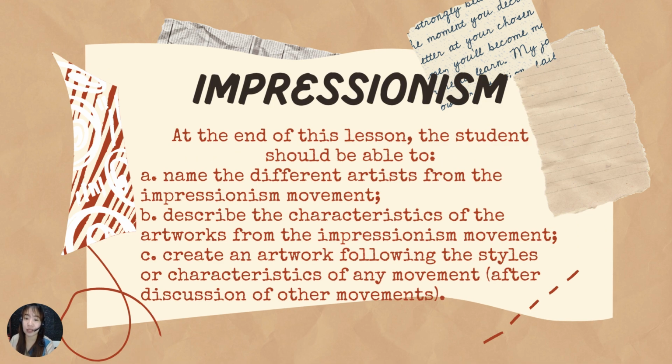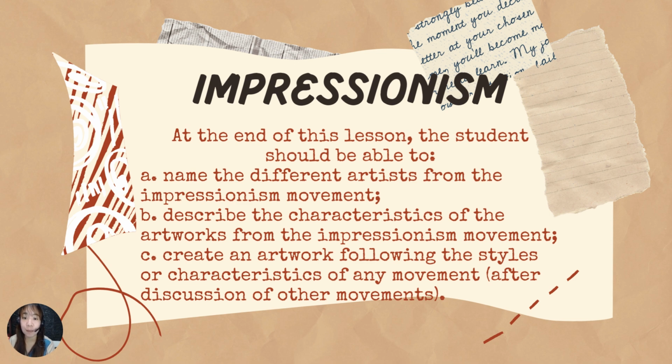Before we continue, let's have the learning objectives first. At the end of this lesson, you should be able to: letter A, name the different artists from the Impressionism movement; letter B, describe the characteristics of the artworks from the Impressionism movement; and letter C, create an artwork following the styles or characteristics of any movement after discussion of other movements.